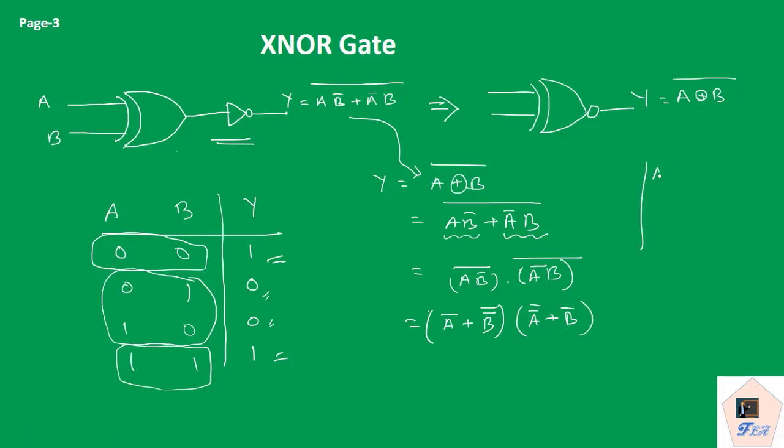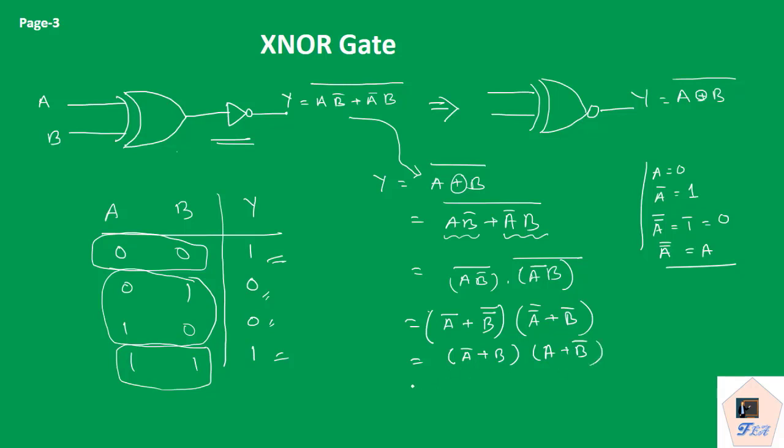Suppose A value is 0, then A bar value will be the complement of 0, that is 1. Once again if I complement A bar, the complement of 1 will give me 0 again. So effectively A double bar becomes A. Similarly B double bar is B. So this particular expression we can write as (A bar plus B) into (A plus B bar).